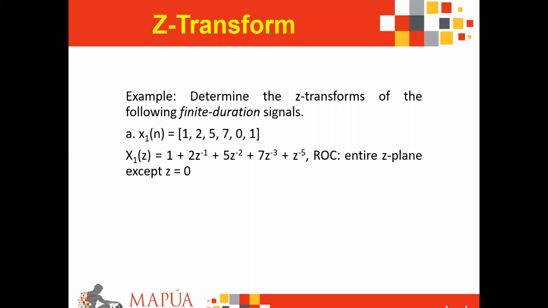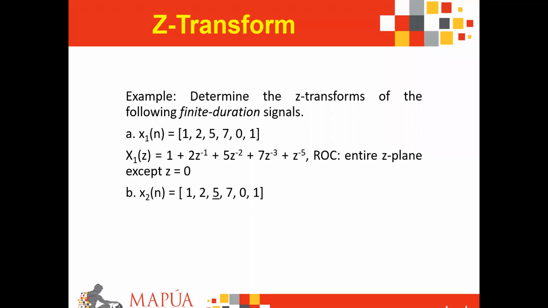It's the entire Z-plane except 0. Nakuha ba? Bakit? All values less than 0, nung n natin, wala. Nakita ba? So only values of n greater than 0 are seen on your signal. Therefore, the region of convergence is the entire Z-plane except 0. Nakuha ba? So lahat yun except 0, yun yung buong region of convergence. Okay?